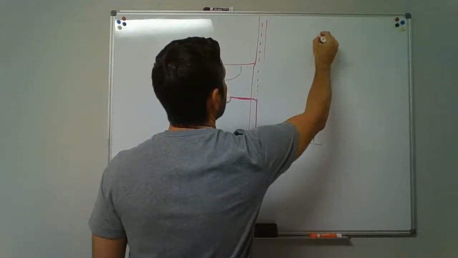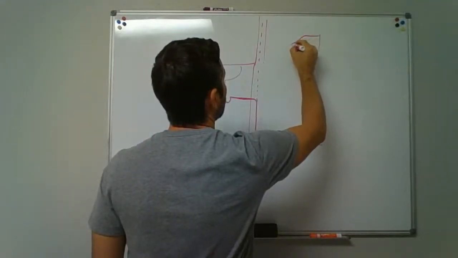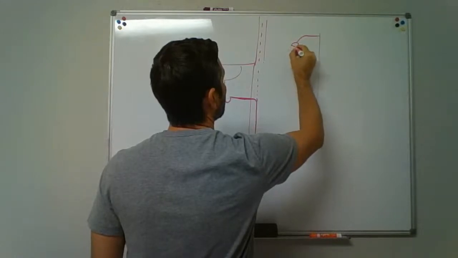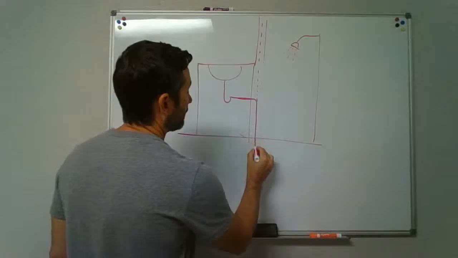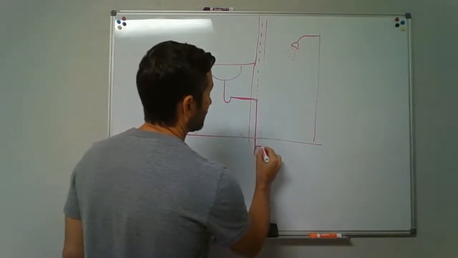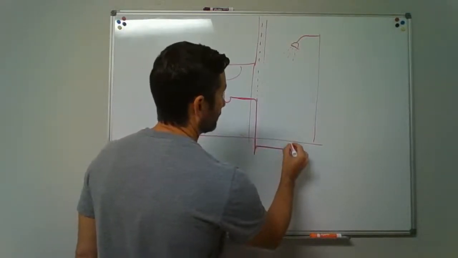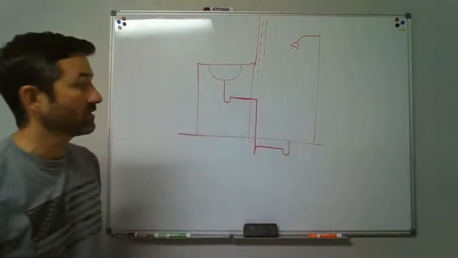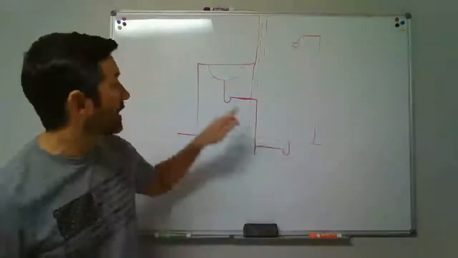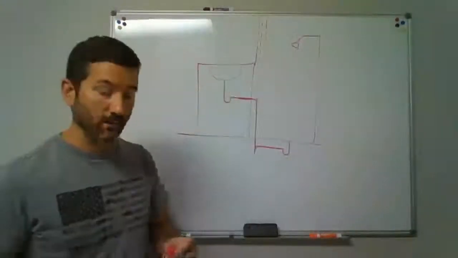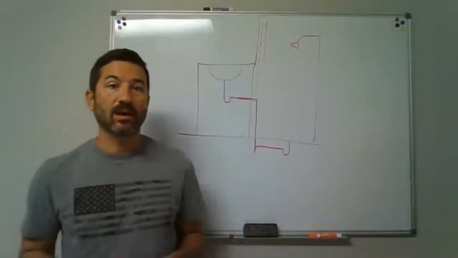So we've got a shower stall over here. Now we could go down below and come off of this one and come over and put a trap to catch the shower drain over there. We still have 2 trap fixtures with one vent going up in the middle, and that is still a common vent.